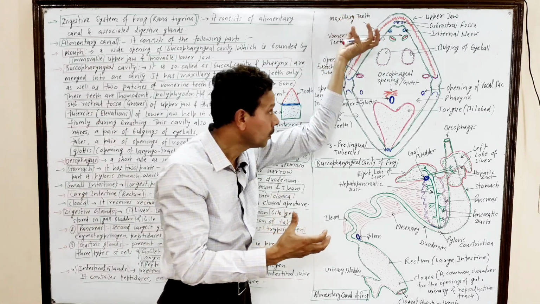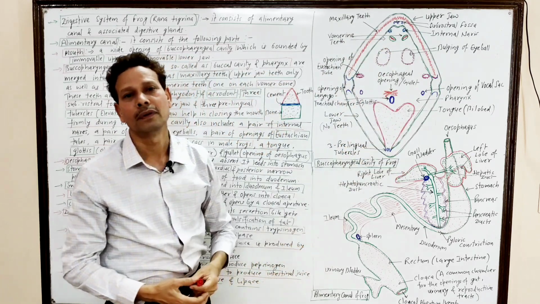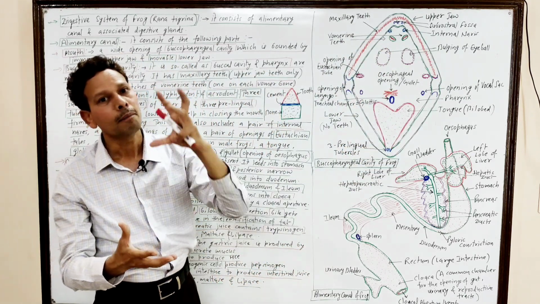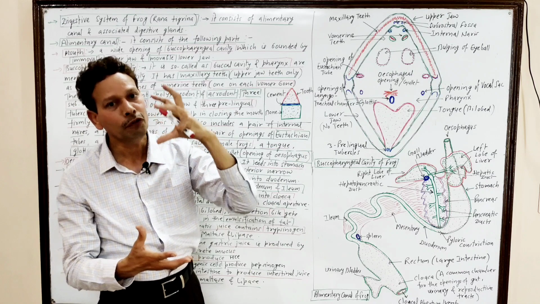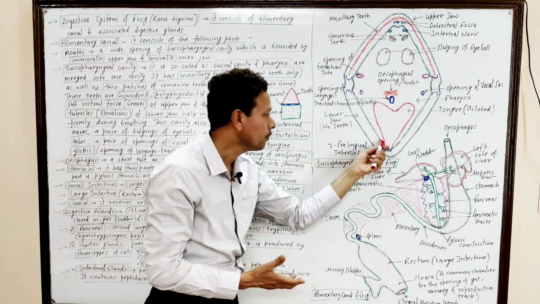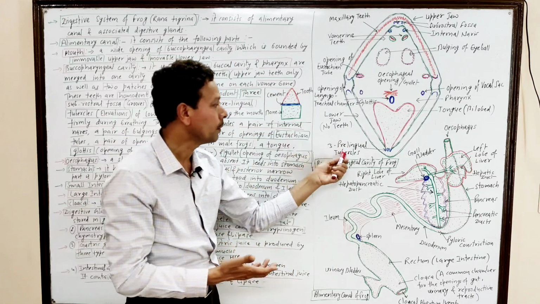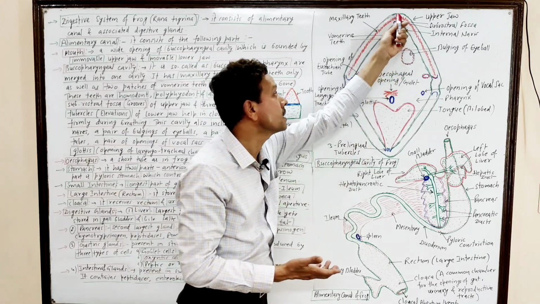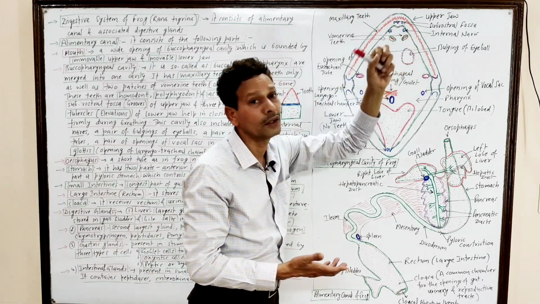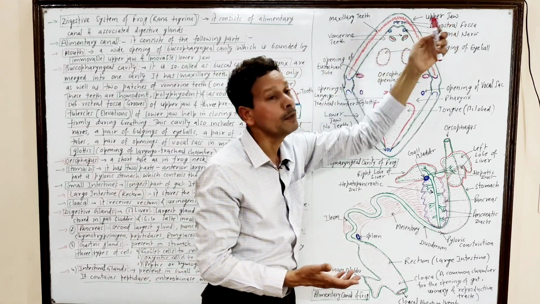For the proper closing of the jaws, the mouth gets firmly closed due to the presence of these three finger-like tubercles, which get inserted in the three grooves, the subrostral fossa.